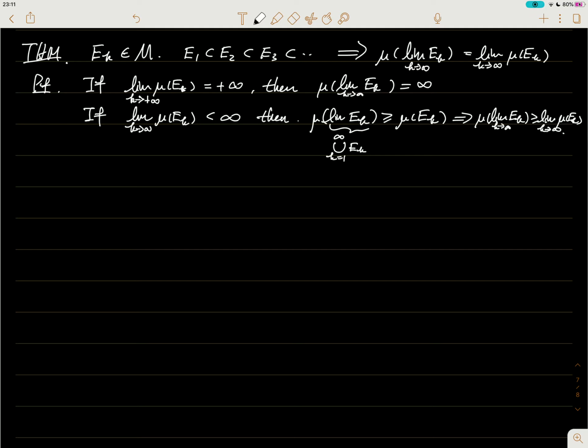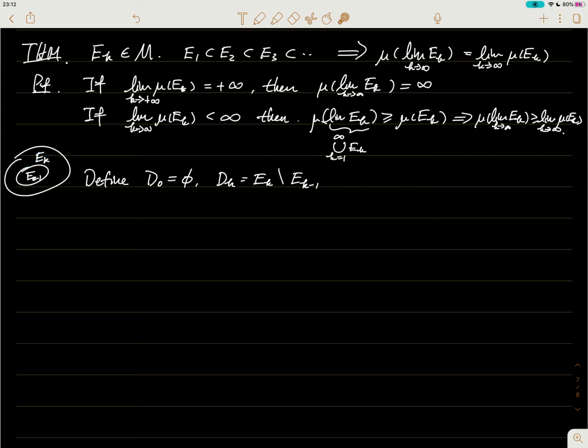Okay, and not only that, we can actually define, let's say, D naught to be the empty set, and Dk to be EK minus EK minus 1. Okay, so remember that these sets are increasing, so this is EK minus 1. This will be the EK. So the Dk will be just this area, right? This area, the ring area.